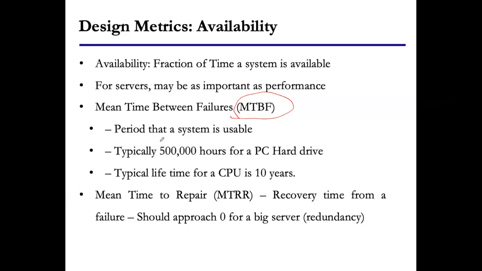That is the period that a system is usable, typically around 500,000 hours for a PC hard drive. That gives the availability of any PC. And the typical lifetime of a central processing unit is 10 years. After that, its availability slowly slows down. Mean time to repair, MTTR, is the recovery time from a failure, which should approach zero for a big server, or redundancy is required.